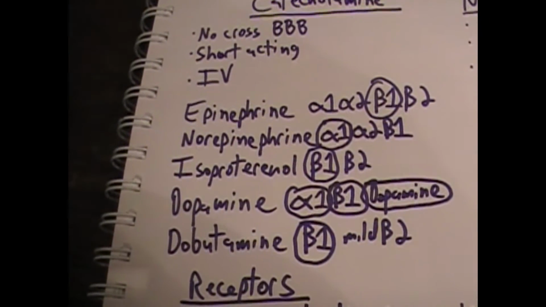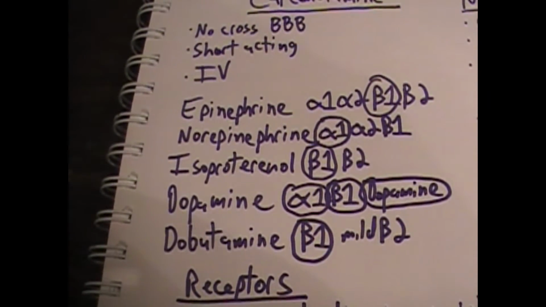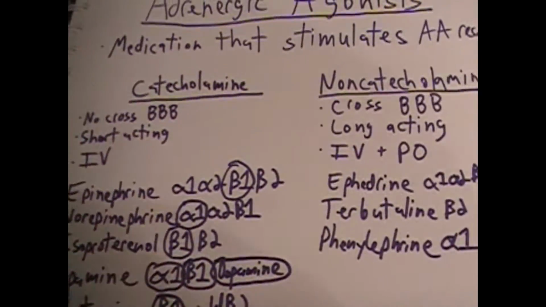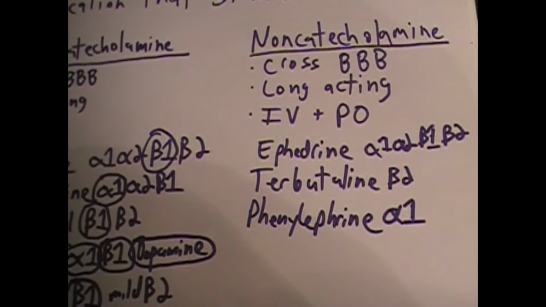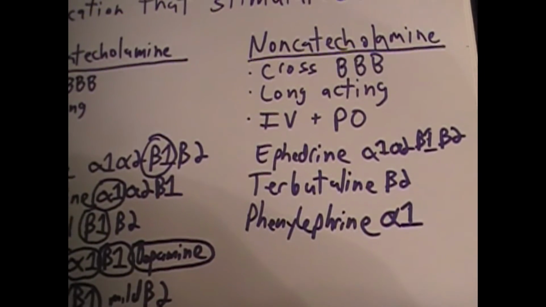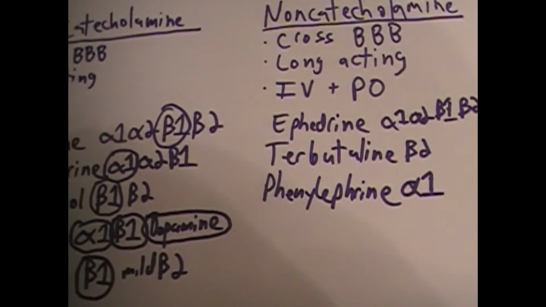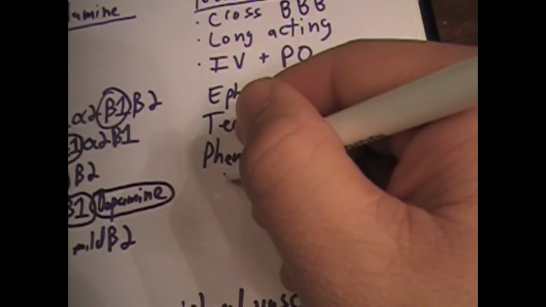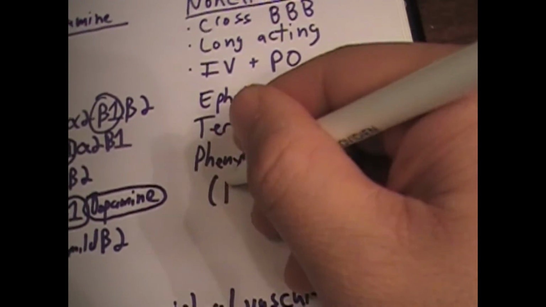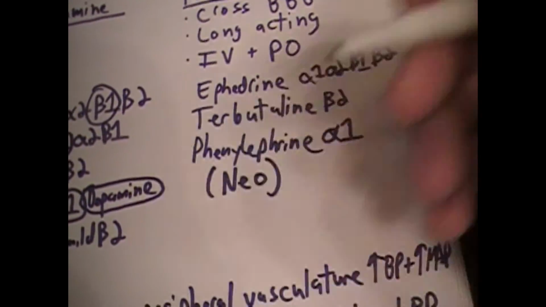Now, once again, these are the catecholamine adrenergic agonists and the non-catecholamine adrenergic agonists. Phenylephrine is also known as neo.